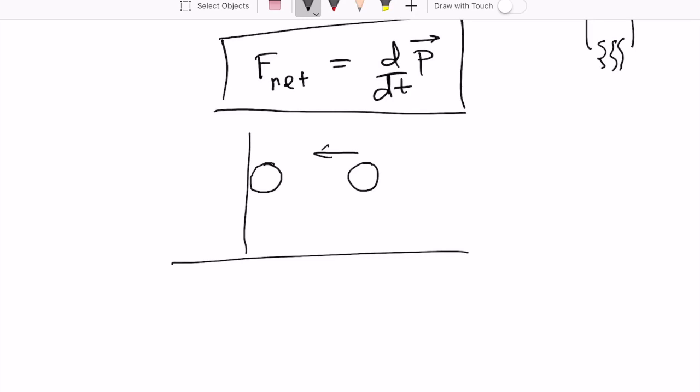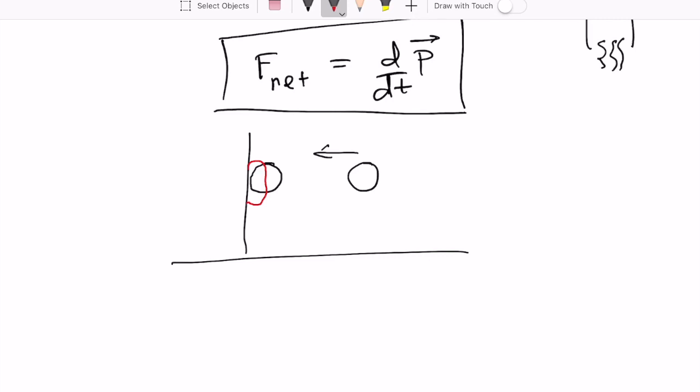So a very large force acts on it for sure, and that would make it turn around and bounce back. Is that force a constant force? The answer is no, because when the ball hits the wall, just as it's making contact, the force is small, but then as the ball slams into the wall and squeezes against the wall like this maybe, then the force might be quite large.